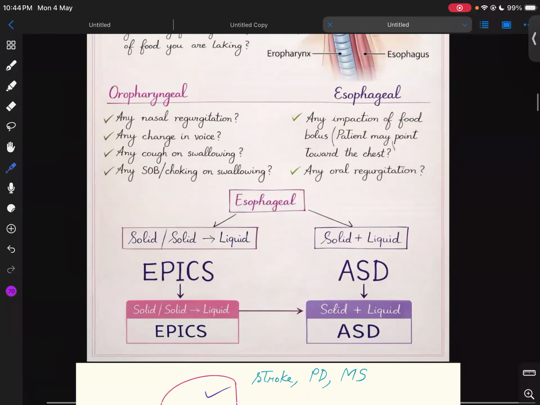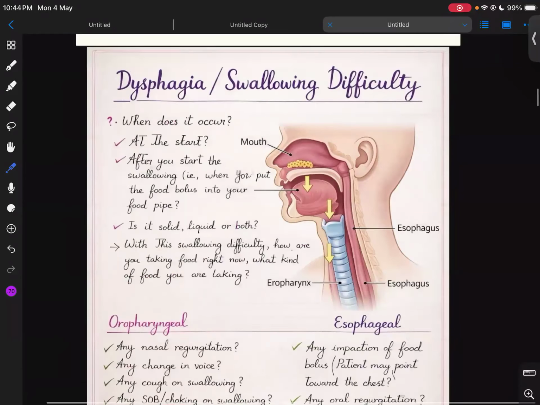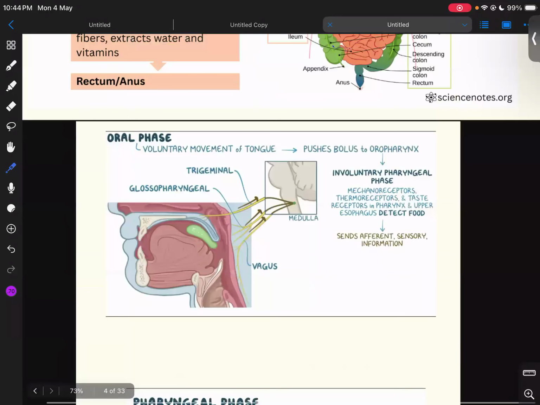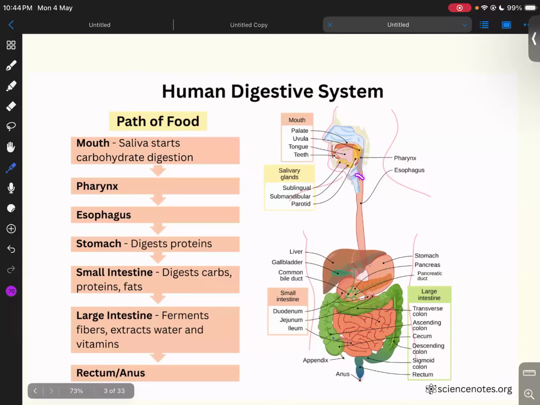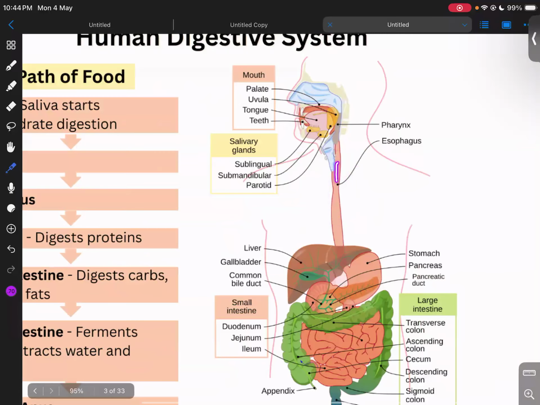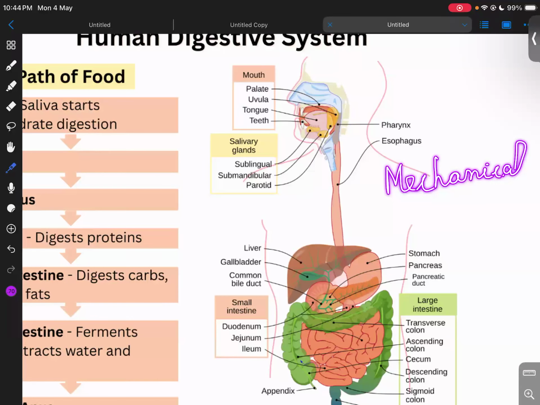disorder. Okay, let me give you some idea what is mechanical obstruction and what is motility disorder. So this is the esophagus. Food may be obstructed or may face some problem in passing forward due to two types of problem. One is due to mechanical obstruction. Another is due to motility disorder.